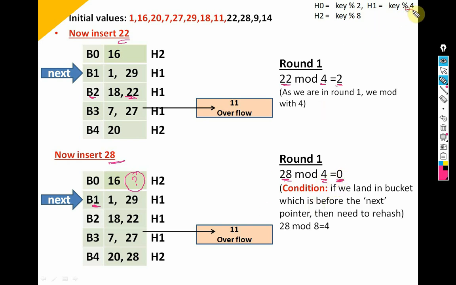So the next hash function is nothing but key mod 8. So 28 mod 8 is nothing but 4. You got 4. So 28 is to be placed in the 4th bucket. Now I am placing 28 in the 4th bucket. You observe here. So this is a very sensitive point which is to be observed.